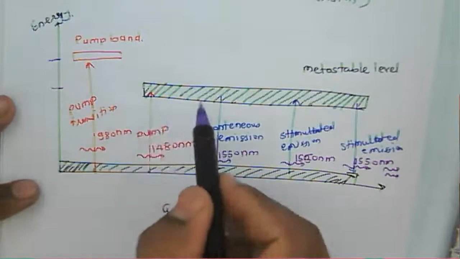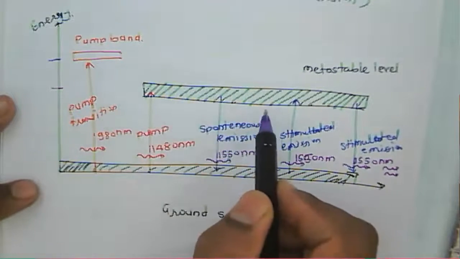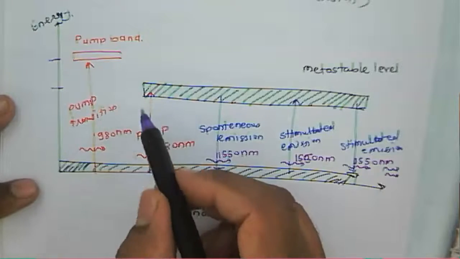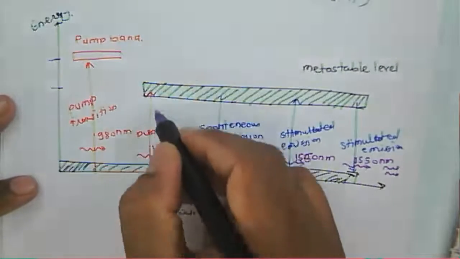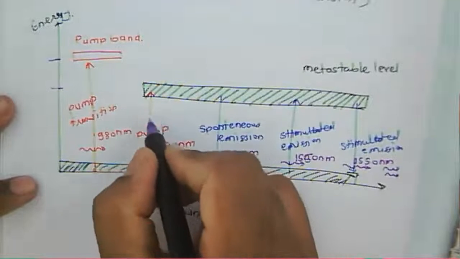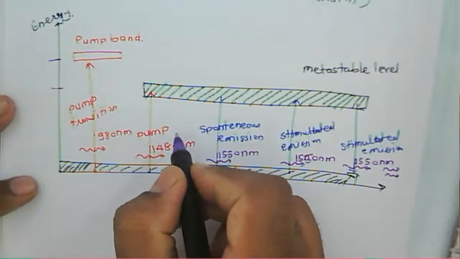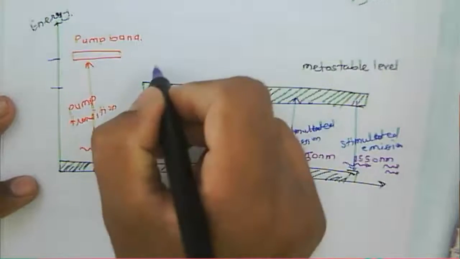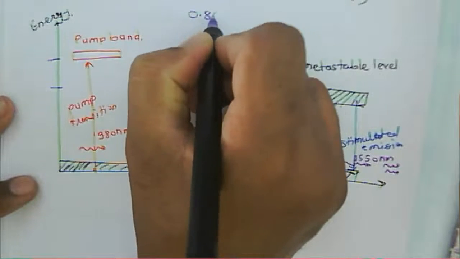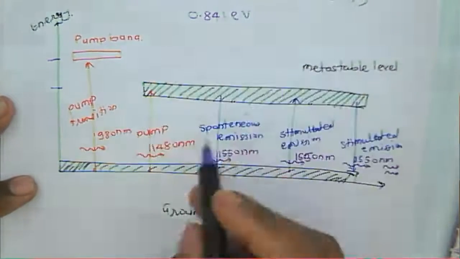Then we have the metastable state, and that metastable state is separated from this particular ground state by 0.841 electron volt.